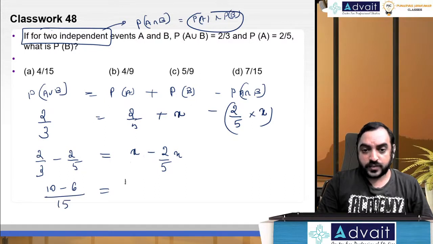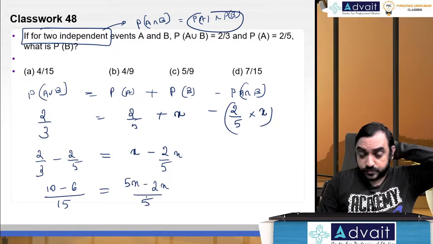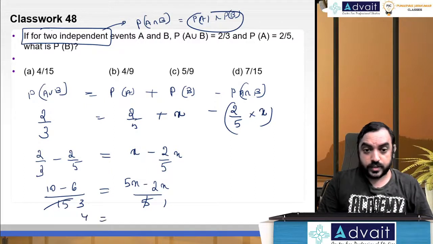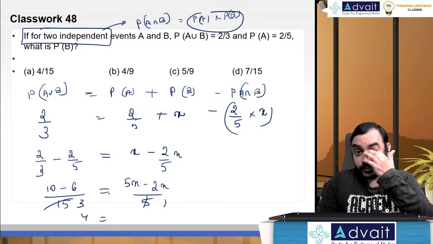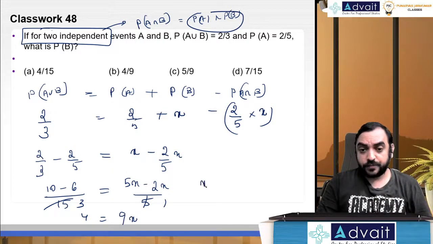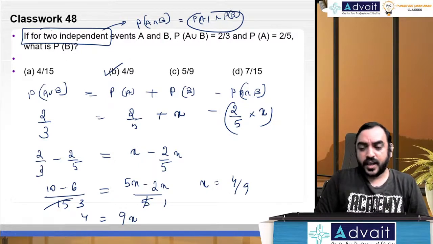On the right, 5 into X, 5X minus 2X divided by 5. So 5 ones are 5, 5 threes are 15. Then 10 minus 6 is 4. 3 into 5X minus 2X is 3X. 3X into 3 is 9X. So 9 goes to the left side. X is 4 by 9. This is just simplification. I hope you understood.